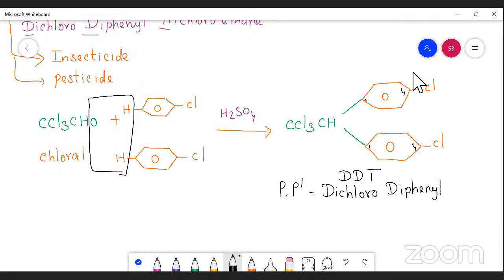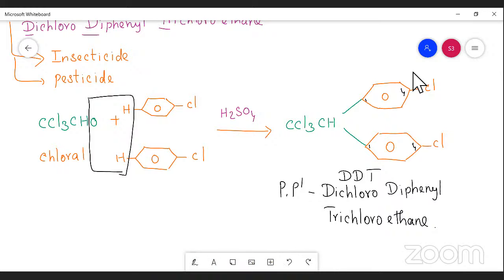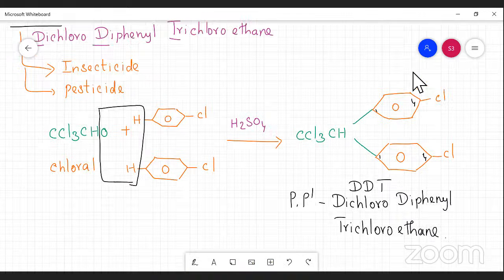Then there are 2 carbons, so the parent hydrocarbon is ethane, and it has 3 Cl, so para-dichloro diphenyl trichloroethane. This is DDT. Okay.